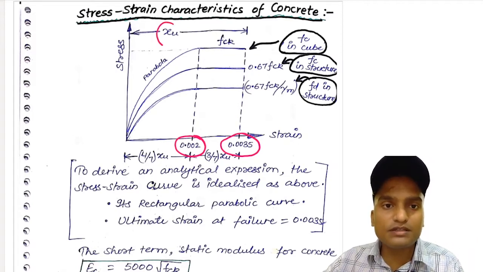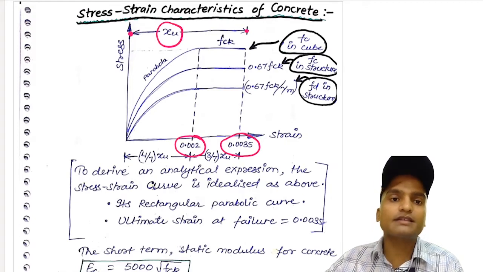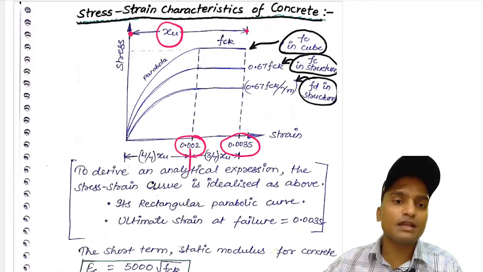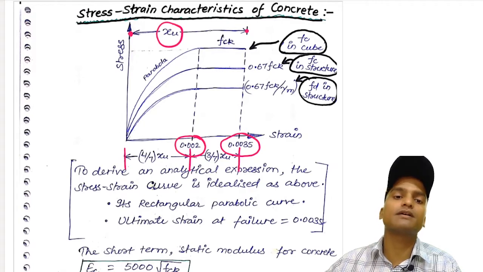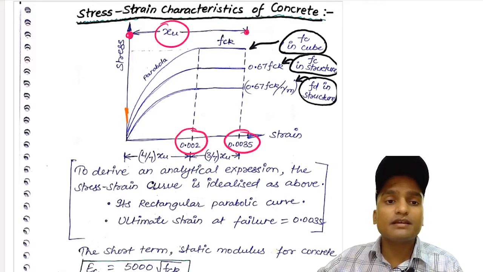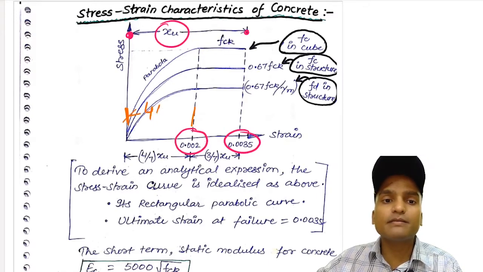If you assume the distance of this curve from this point to this point is xu, then we can easily take the factor with the help of 0.002 and 0.0035. Then we can say that the parabolic curve is extended up to 4/7 part of xu, and the rectangular curve is extended up to 3/7 of xu.